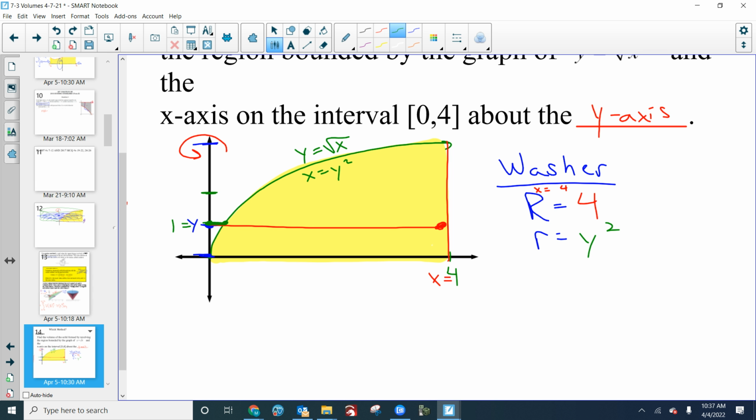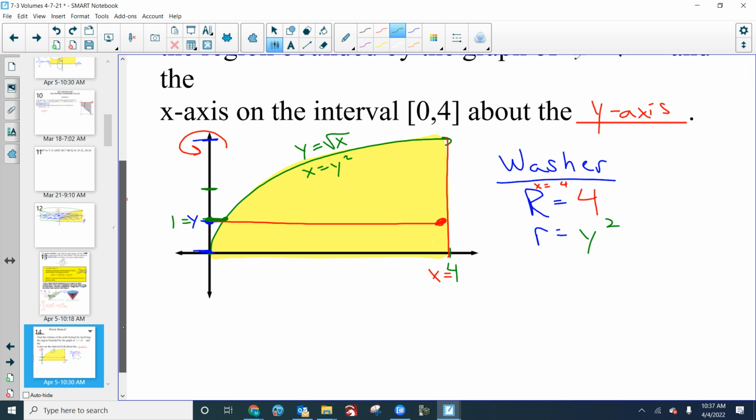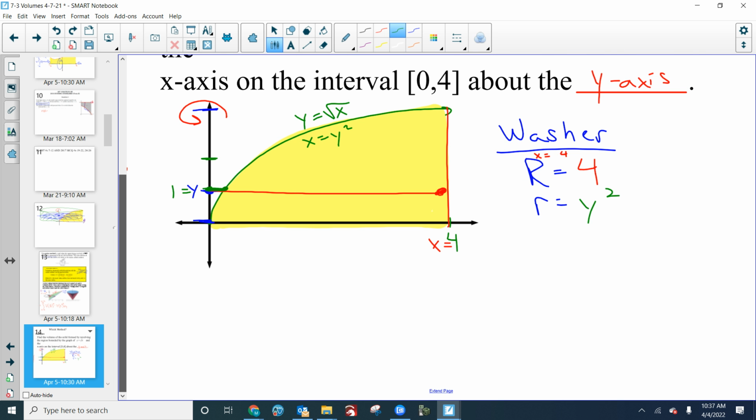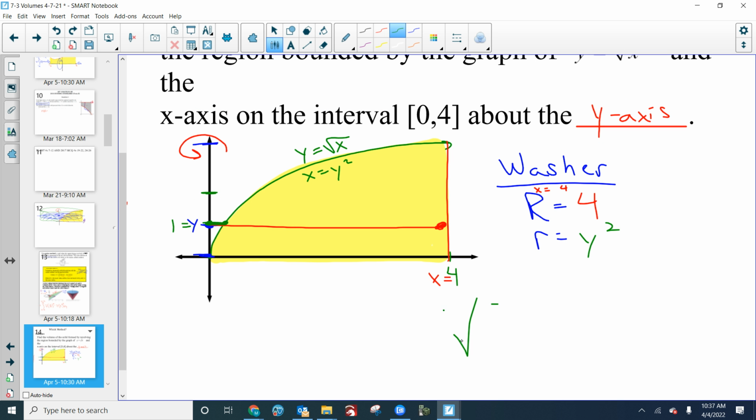All right. Now there's your outer radius. There's your inner radius. Our volume is going to be stacking these things from y equals 0 up to, wait a minute. Where do these two functions, relations really, where do these relations cross? At y equals?